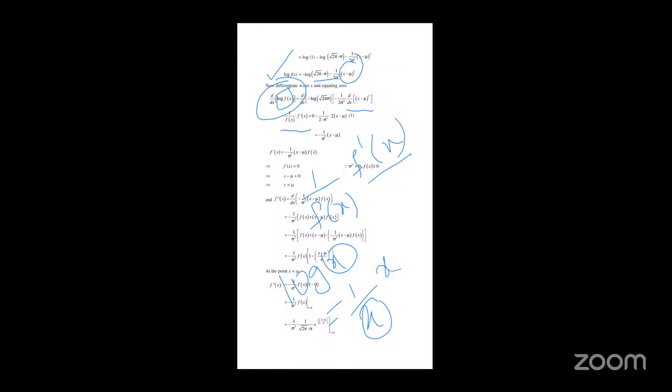For the left side, we get 1 by f of x into f dash of x, because the derivative of log x is 1 by x, and we differentiate the inner function again.